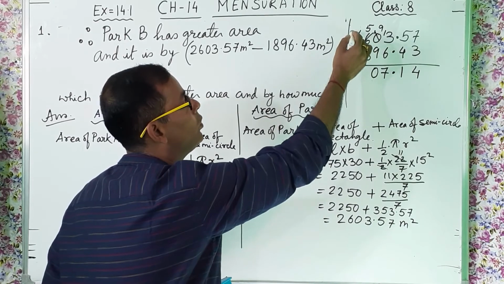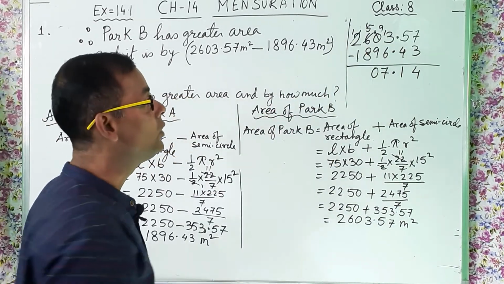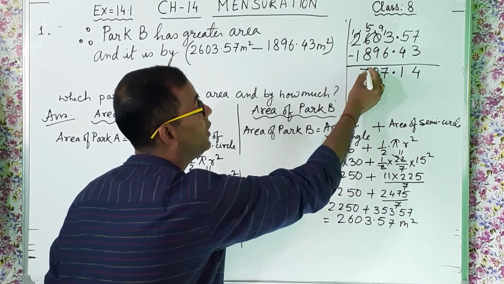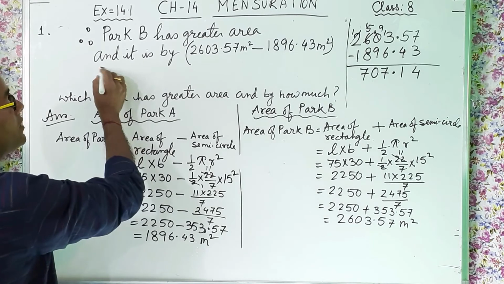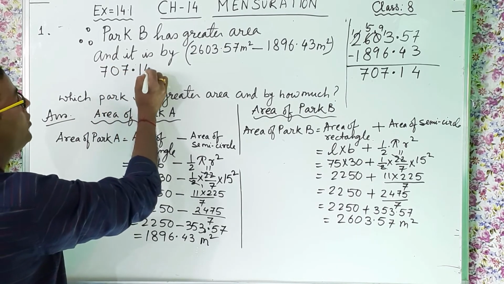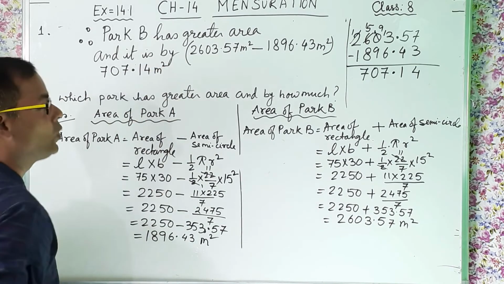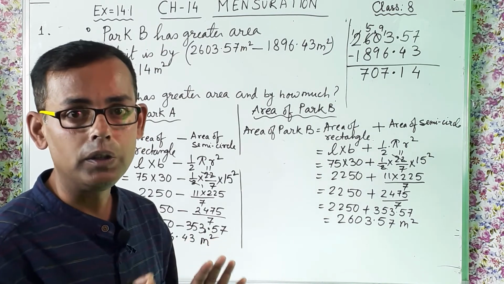So, you have to borrow 1 here, 15. Now, 15 minus 8, you can subtract it. So, it will be 7. Clear? So, what it is? 707.14 meter square. Clear? So, I think you have understood the sum.